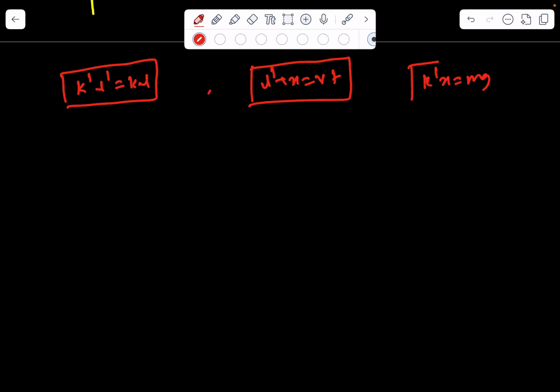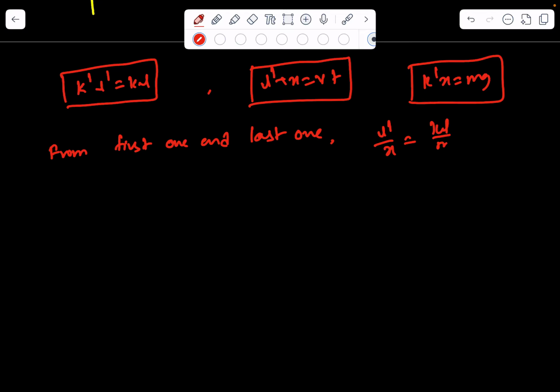Now using these three, we are going to solve. From the first one and the last one, we can say L dash by X is equal to KL by mg, which implies L dash is equal to KLX by mg.